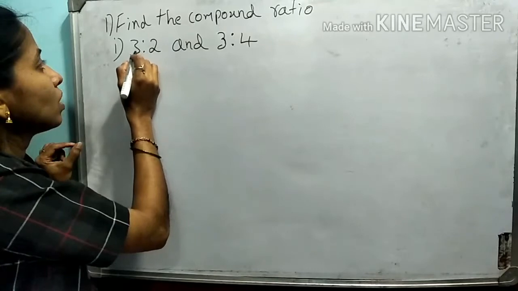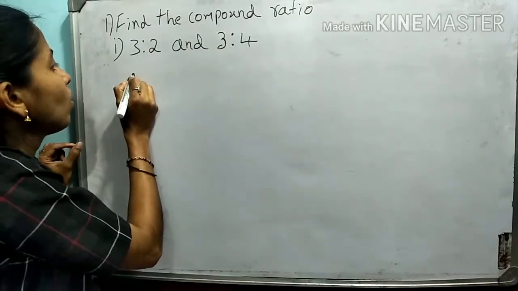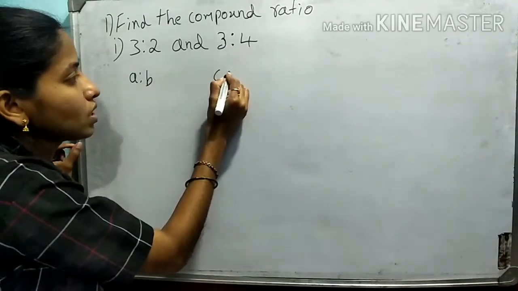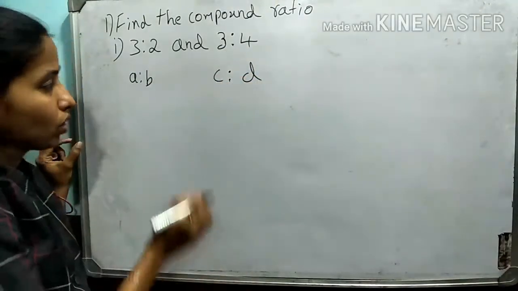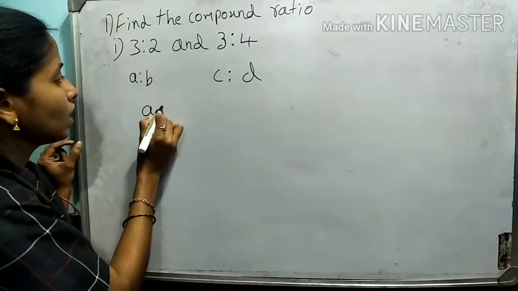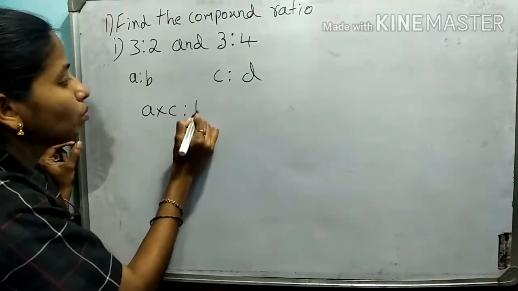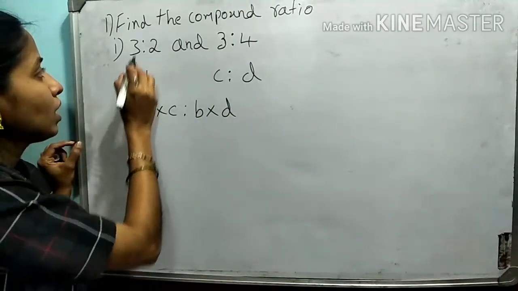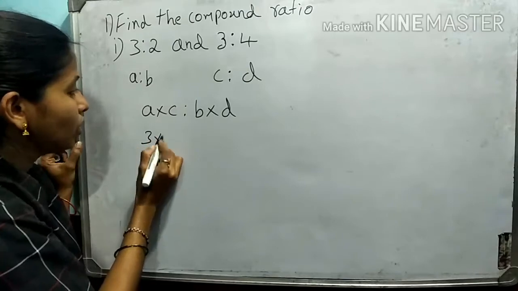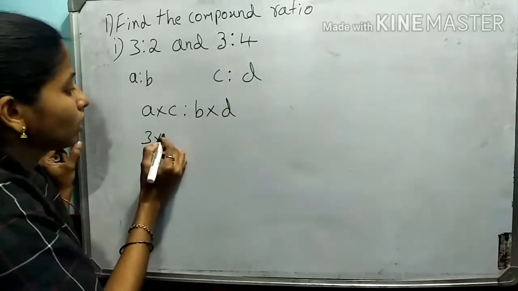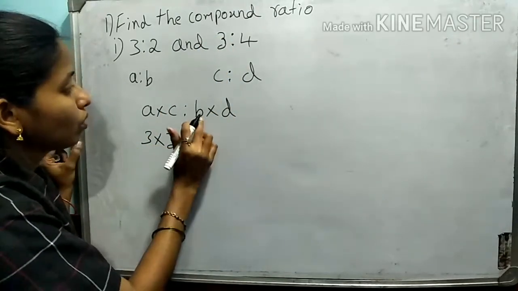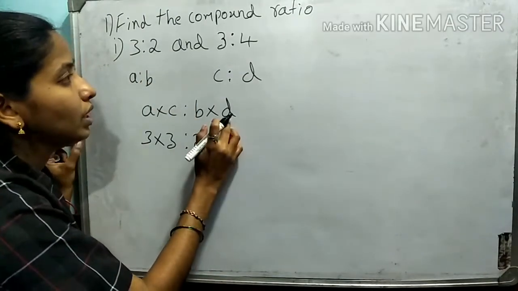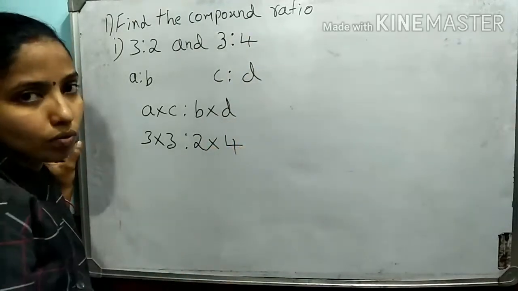Here, consider 3 is to 2 as A is to B and 3 is to 4 as C is to D. So compound ratio A into C is to B into D. So A it is 3, C 3, B it is 2, D it is 4.